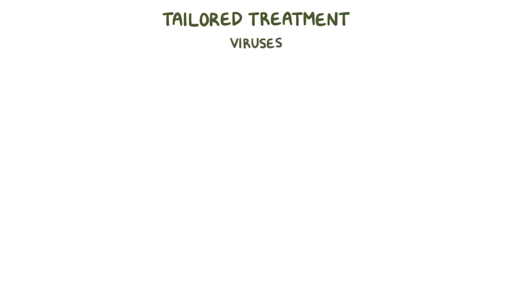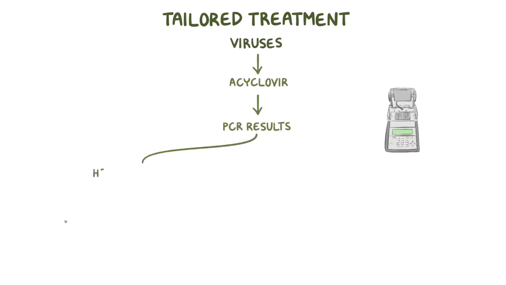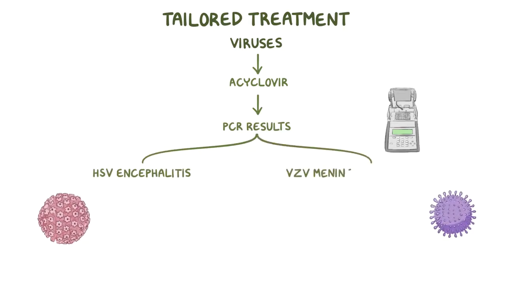When it comes to viruses, empiric acyclovir is continued until the PCR results confirm HSV encephalitis. Additionally, if VZV meningitis or encephalitis is confirmed by PCR, treatment includes the antivirals ganciclovir or foscarnet.